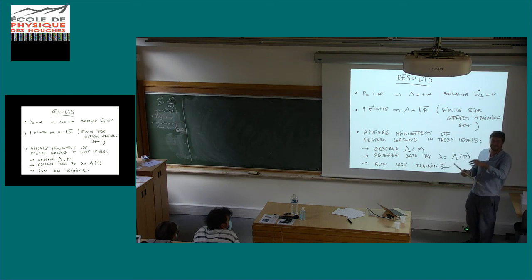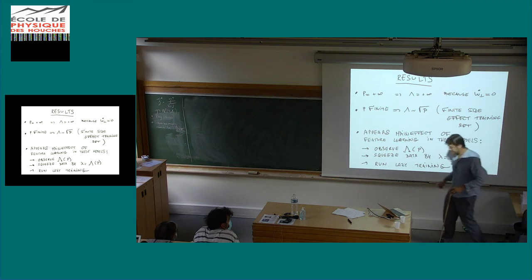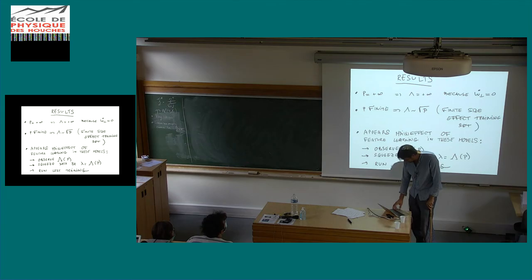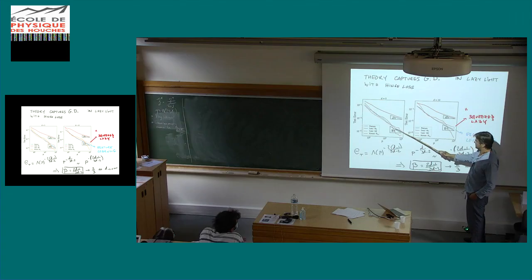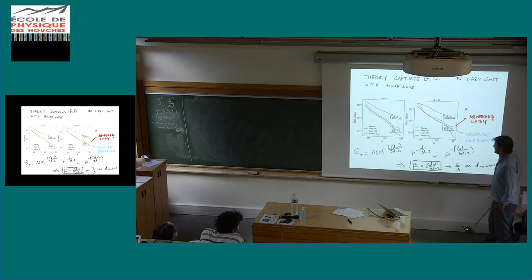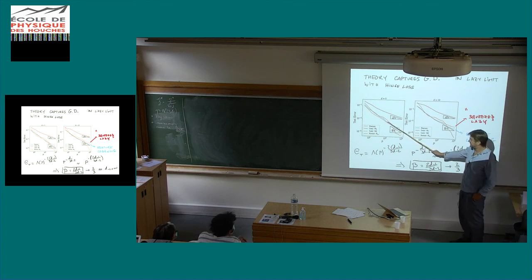So if really feature learning is good because it compresses, then the two procedures should lead to similar test error. And that's actually what we find. This is the feature learning regime, and this is the lazy regime, but once you compress your data by the same factor. With this idea, and what I told you before, you can reconstruct this exponent.